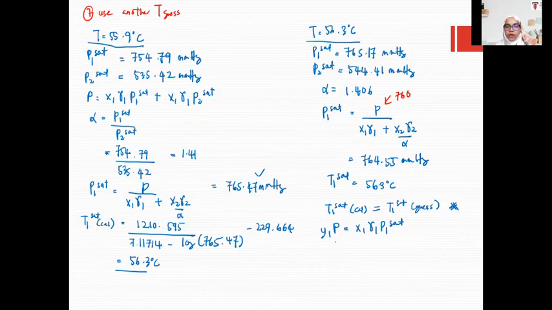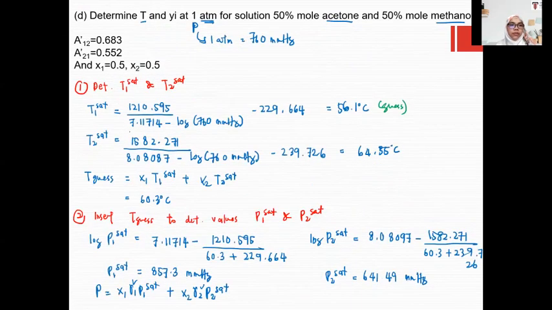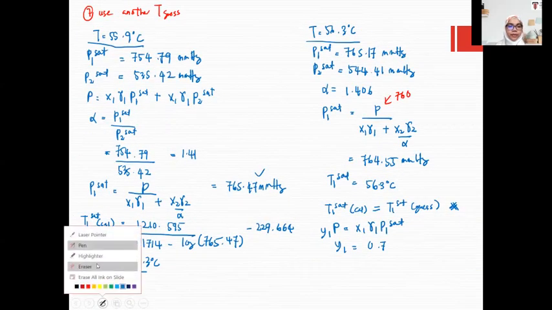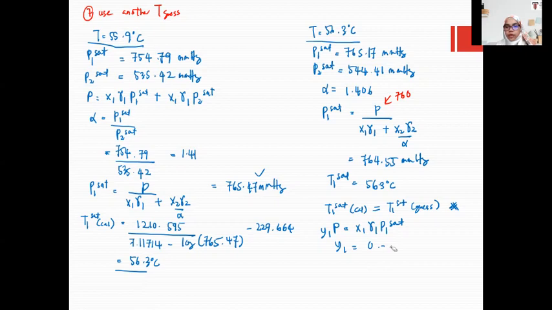The value of S1 given in the question is 0.5.